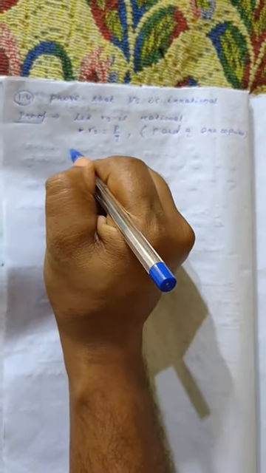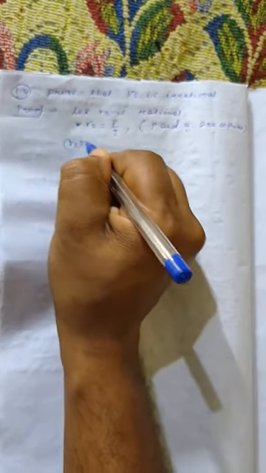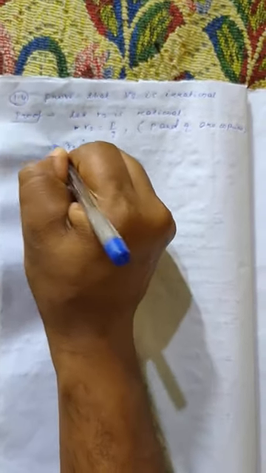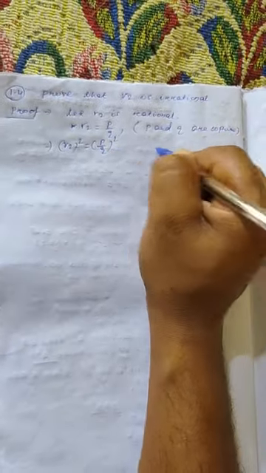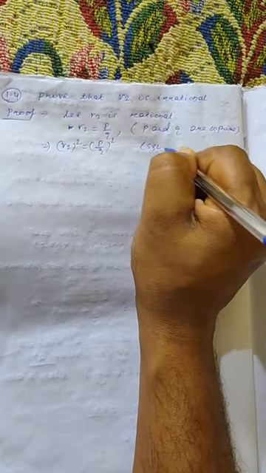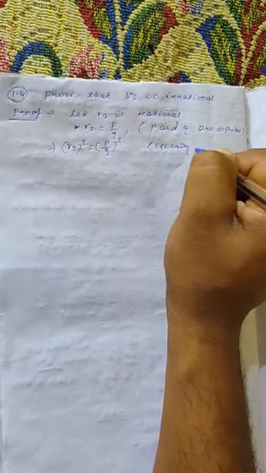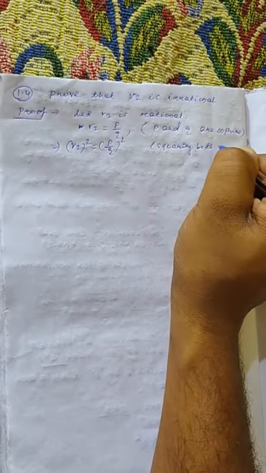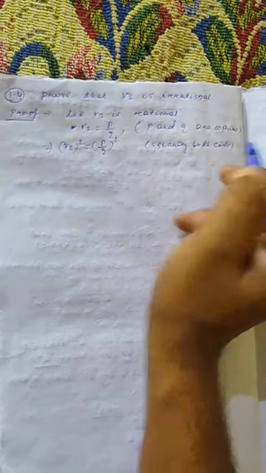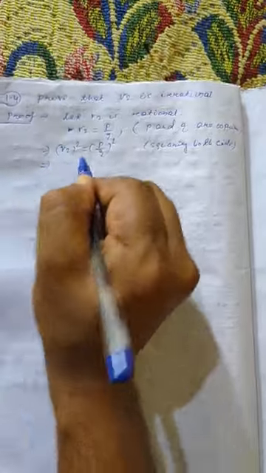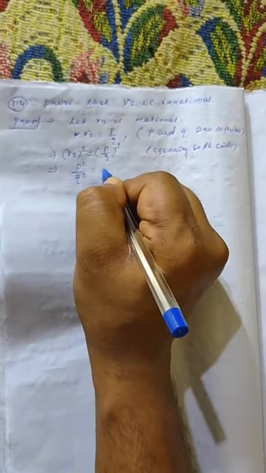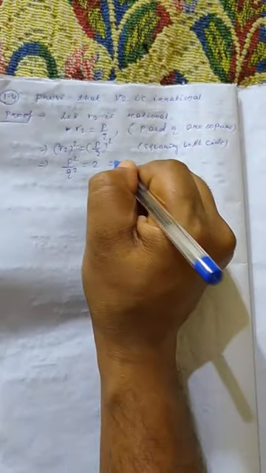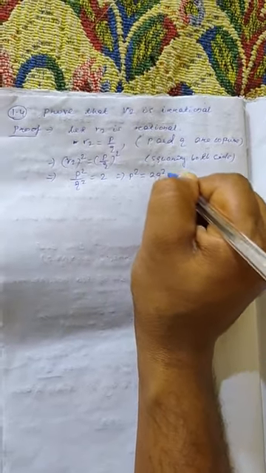Now squaring both sides, root 2 squared equals p by q squared. That implies p squared by q squared is equal to 2, so we can write p squared is equal to 2q squared.